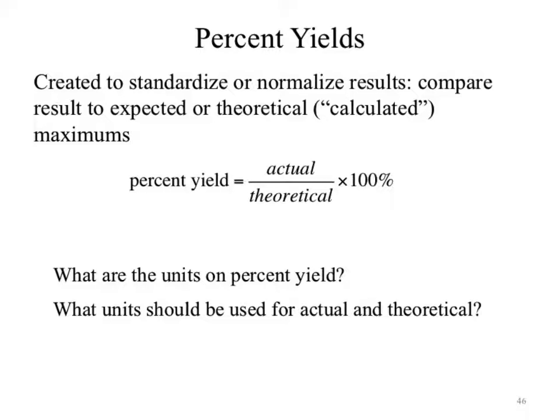For those of you panicking that the next exam is worth 1,000 points, it's not. Don't worry about that. Just an example. So to calculate a percent yield, we will take our actual yield, or what we've experimentally determined, and we will divide that by our theoretical yield. How do we determine the theoretical yield?